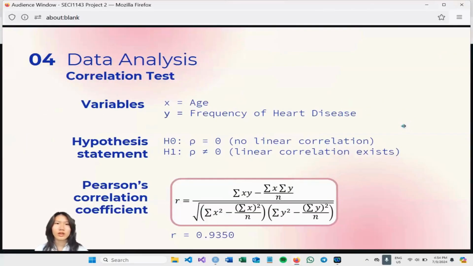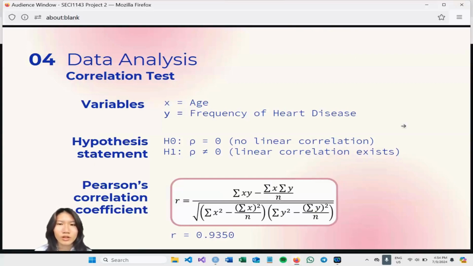Moving on to the next data analysis, which is the correlation test. In this one, we also have two variables, with x being age and y being the frequency of heart disease. The null hypothesis is that there is no linear correlation between age and the frequency of heart disease occurrence, while the alternative statement is that a linear correlation exists between age and the frequency of heart disease.